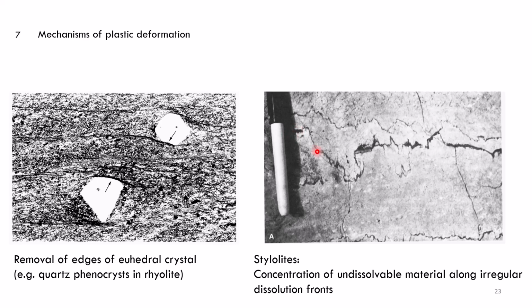Stylolites are these irregularly shaped, strongly serrated fronts of dissolution, along which the undissolvable graphite is concentrated and then forms these blackish serrated lines and surfaces in 3 dimensions that are often observed in marbles, in low temperature marbles that were affected by dissolution creep.